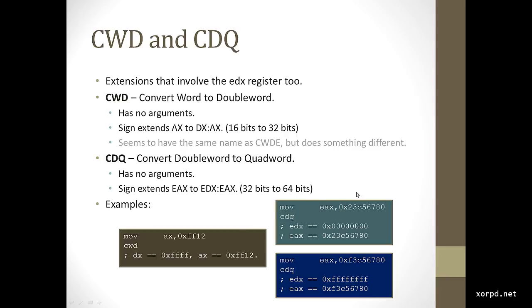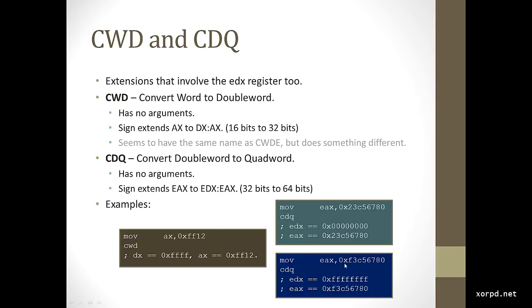Let's look at another example. We move this number inside EAX, and then we use CDQ. I remind you that this number is positive. If we represent it in binary, then the highest bit number 31 or 32, it depends where you begin your count, is going to be 0. So after using CDQ, EDX will contain zeros because this number is positive, and EAX is left unchanged.